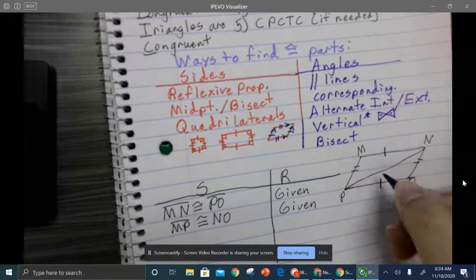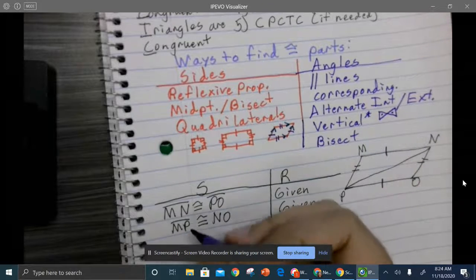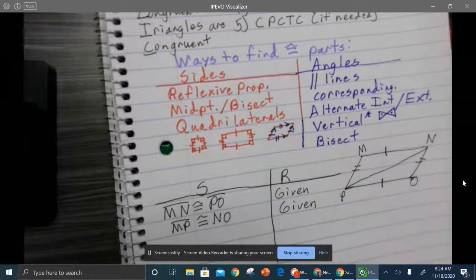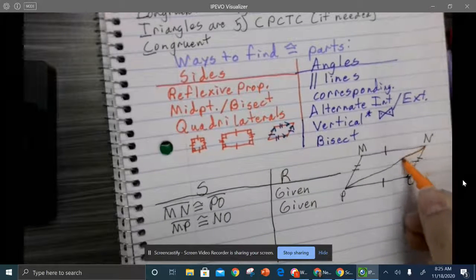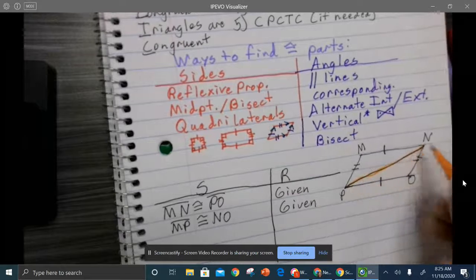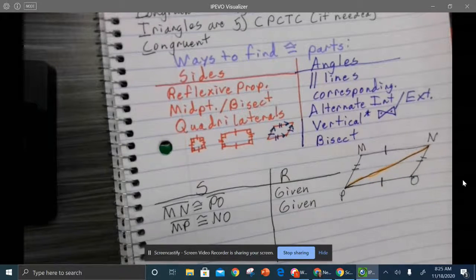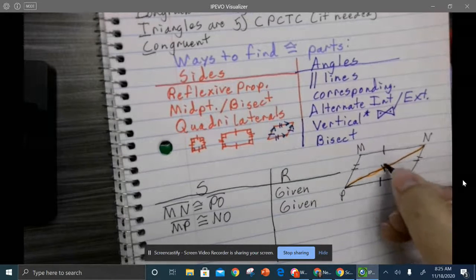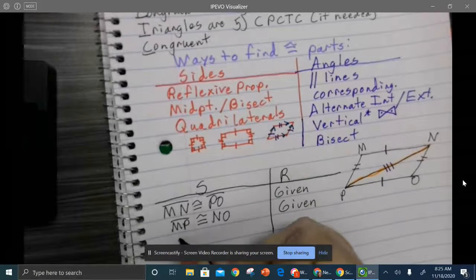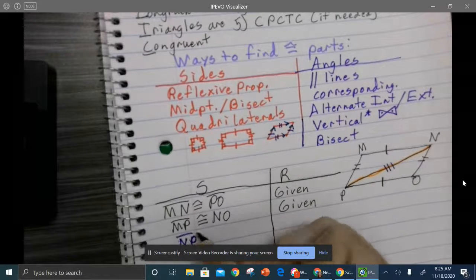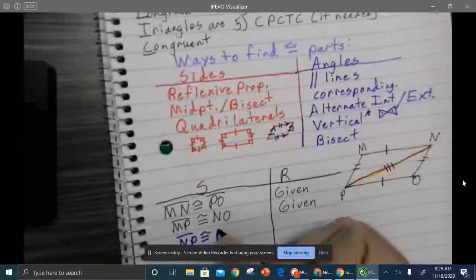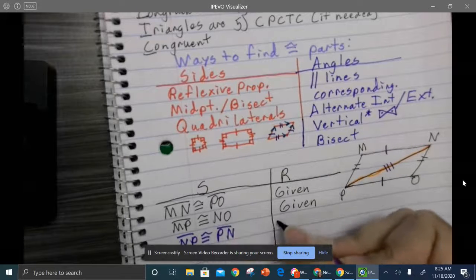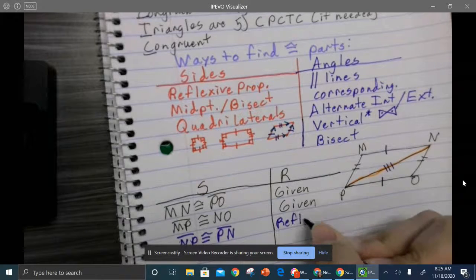So we already have it marked. And then we have, remember, our shared side, everybody. So our shared side right here: NP is congruent to PN, and that's by our reflexive property.